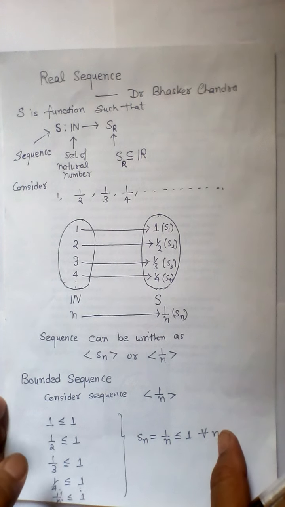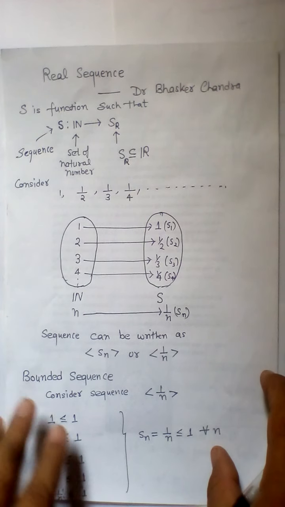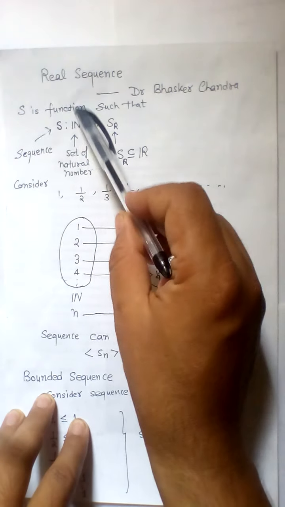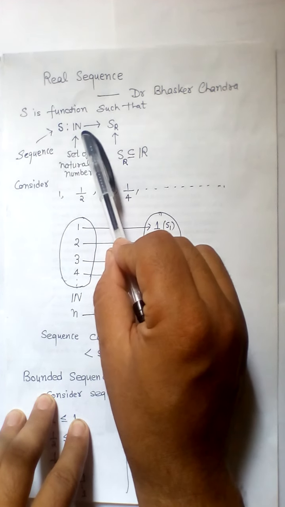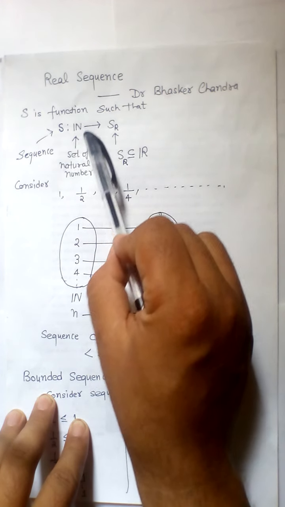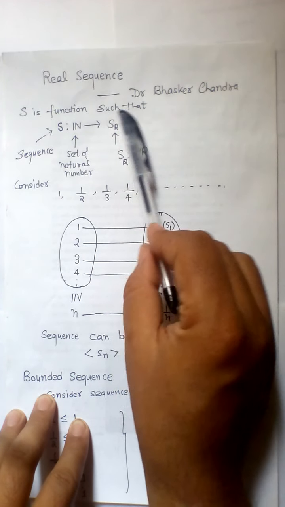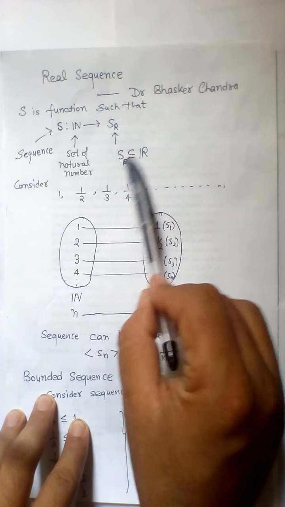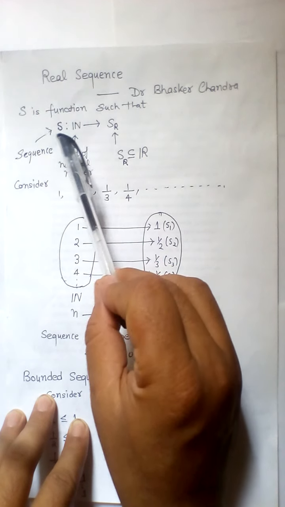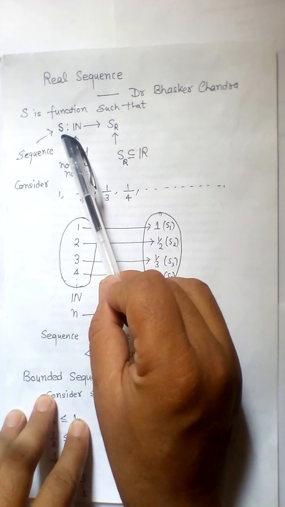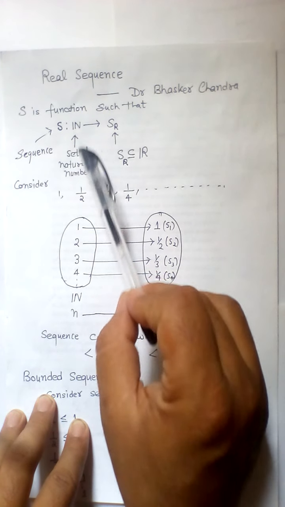Here, a sequence is a real valued function, defined as a function having domain the set of natural numbers and codomain a subset of real numbers. This means a sequence is a function having the set of natural numbers as its domain.